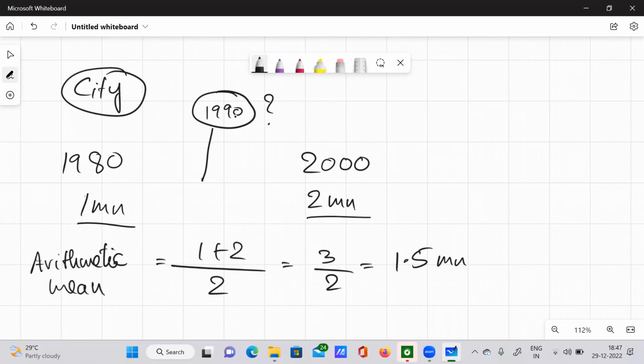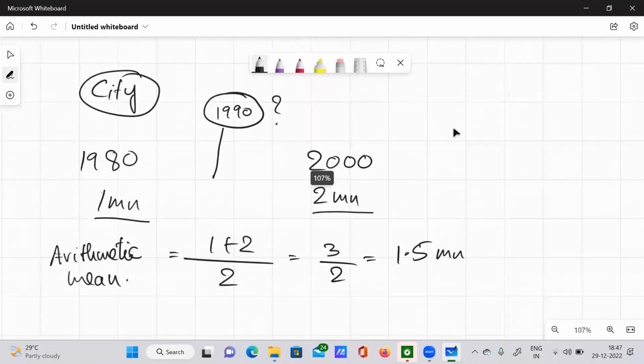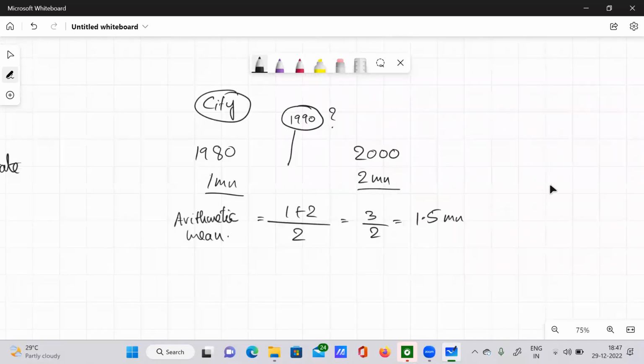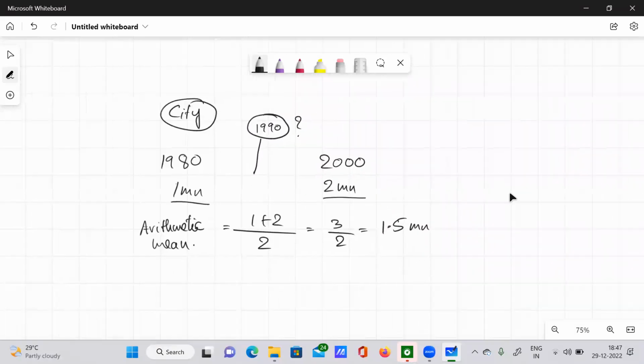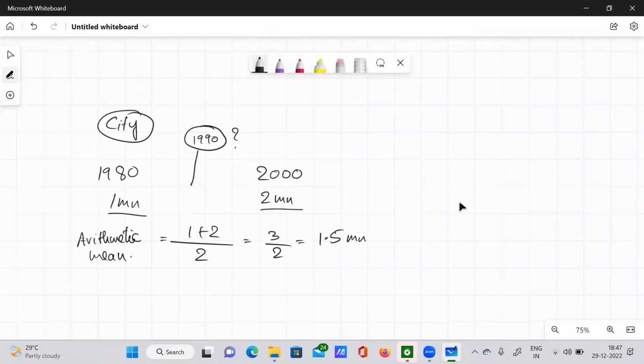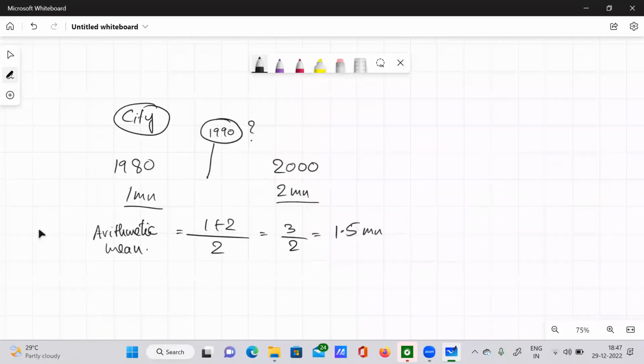But however, here the rate of growth cannot be assumed uniform. For example, in 1980 the population is 1 million, right? And in 2000 the population is 2 million.